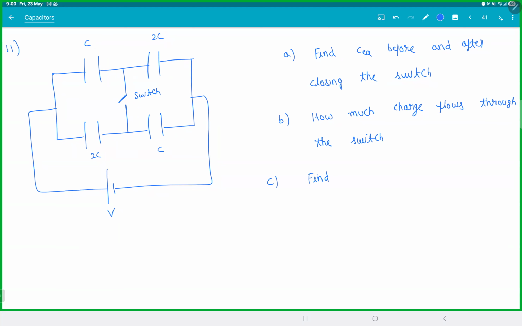So now it becomes an advanced, more than one choice question. If they ask you heat, then yeah. Heat when switch is closed. So after closing the switch, how much heat is produced? Let's get them all. C is the main important question.